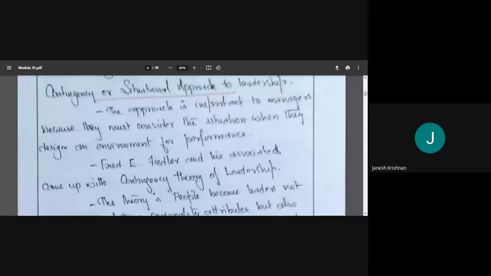What did they do? They did research, a study, and they made a list of characteristics. Many were there.